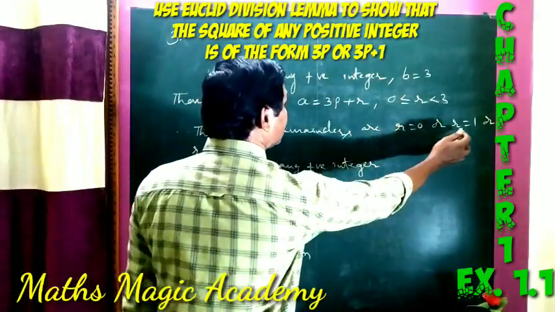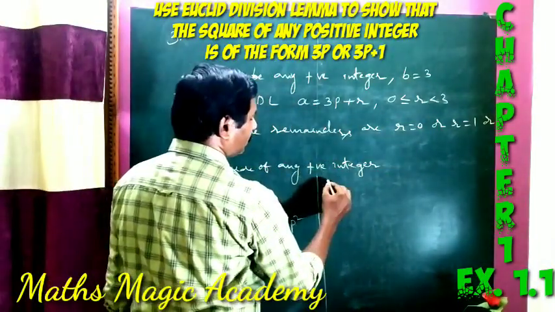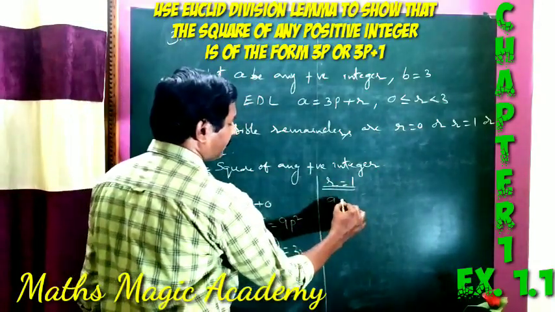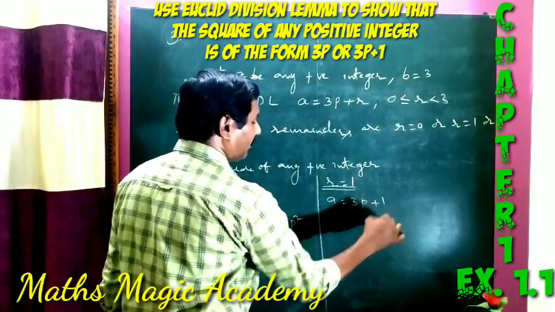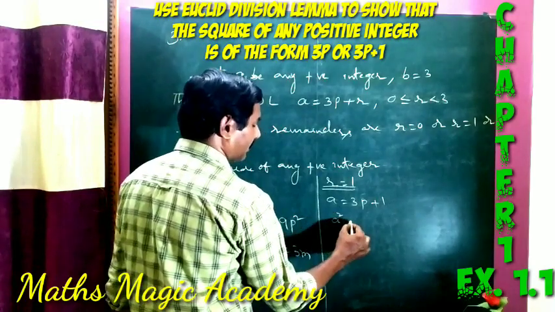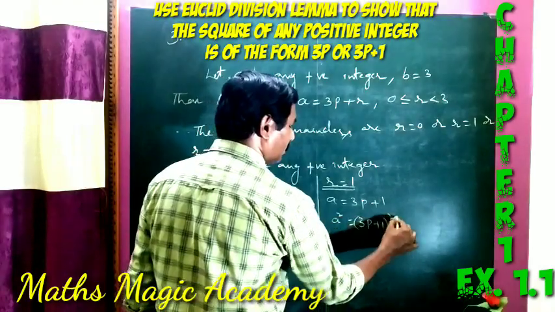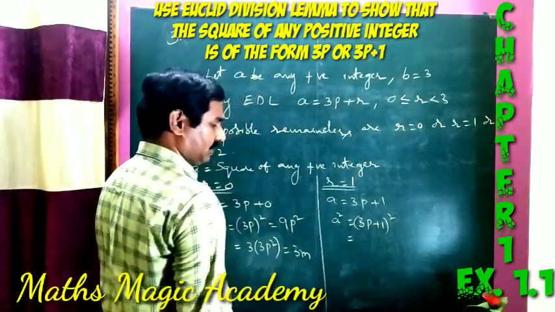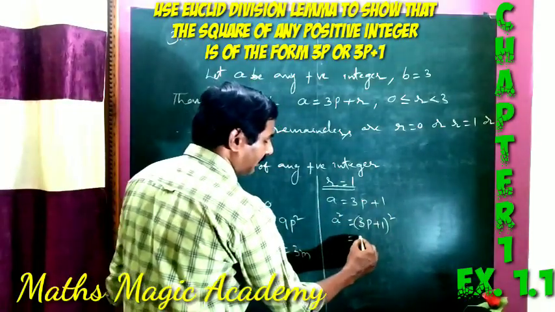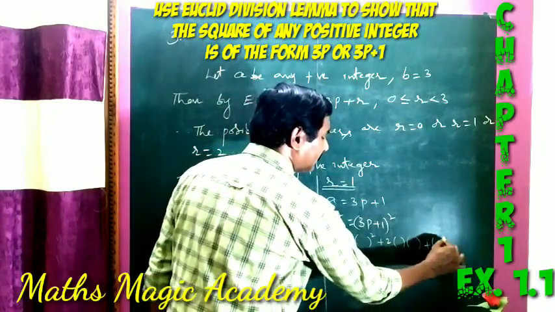Here r equals 0, r equals 1, r equals 2. So now we go for r equals 1. If r equals 1, what will happen? a equals 3p plus 1. Now square both sides: 3p plus 1 whole square. It is in the form of a plus b whole square, which is a square plus 2ab plus b square.